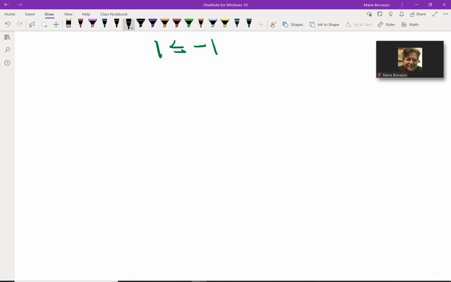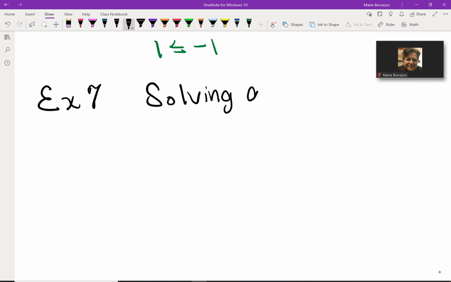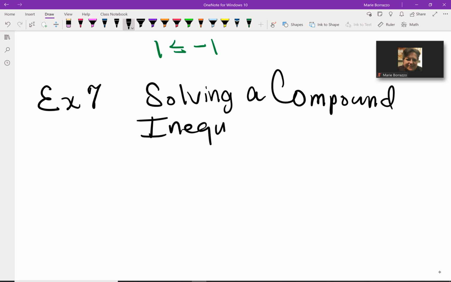Okay, example 7. In example 7, we're solving a compound inequality. And that's the main idea for this one.